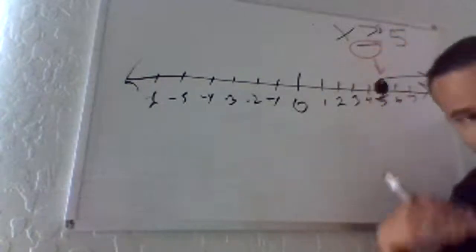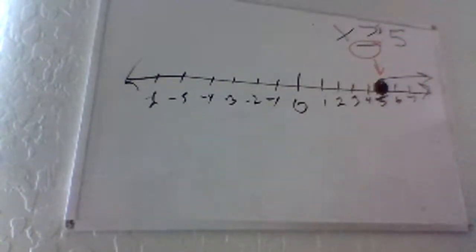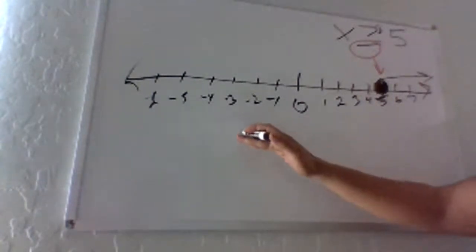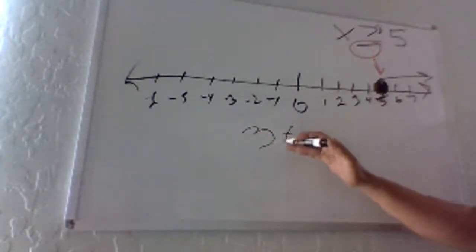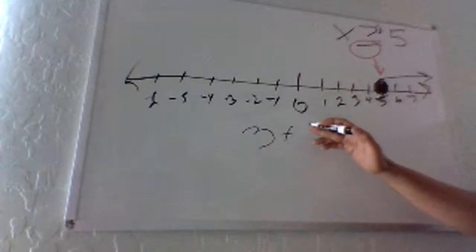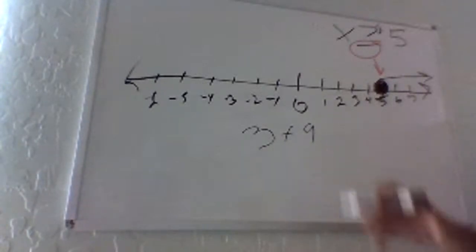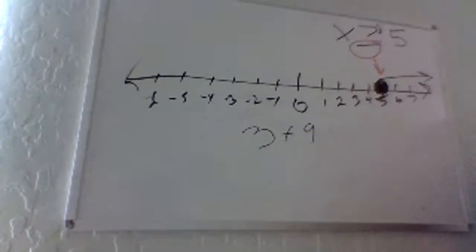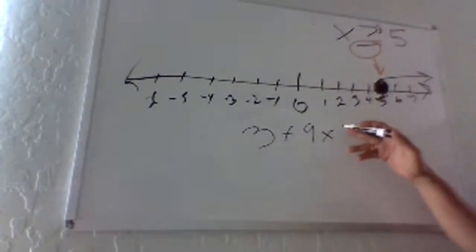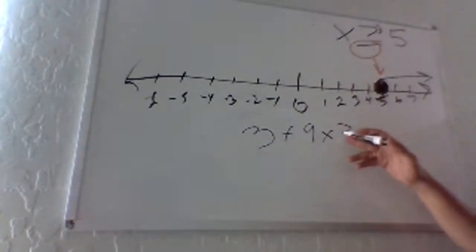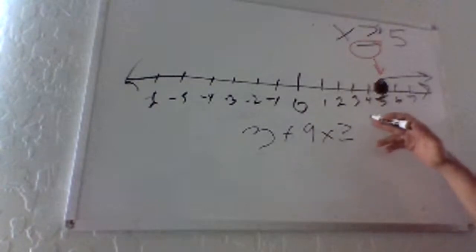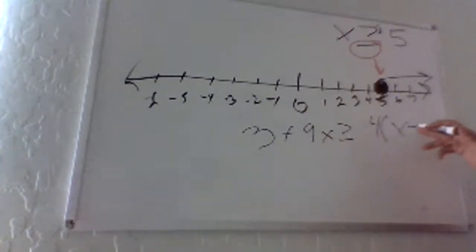Now, the logic behind that is the fact that if we go back to the problem, right, 3 plus 9x, equal to 4x plus 7.